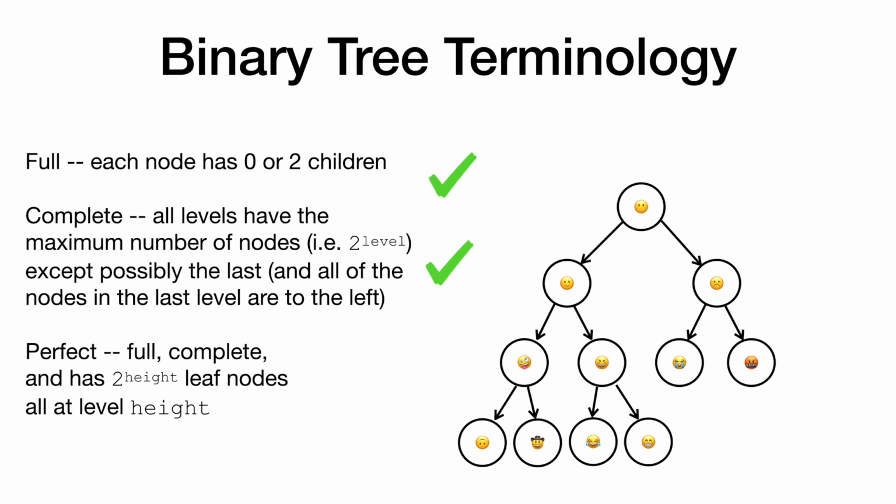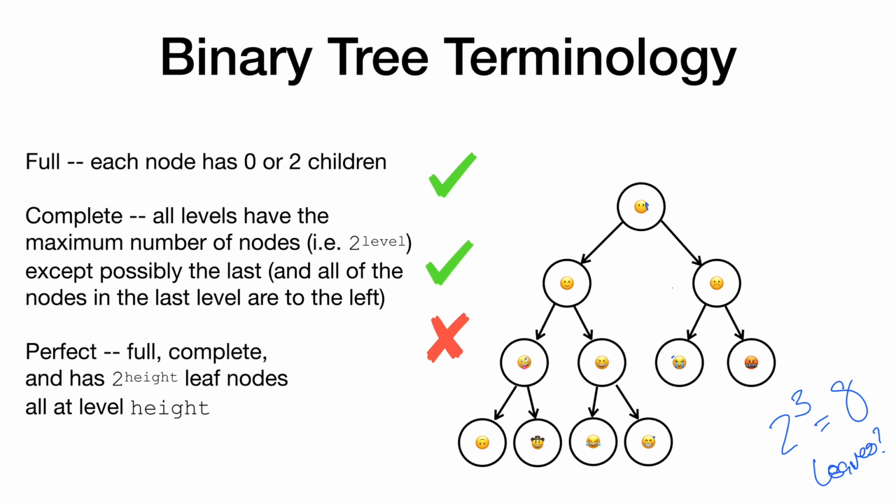Here, the height is 3, with 0, 1, 2, 3 levels, so that's 8 leaves. Does it have 8 leaves? No, it doesn't. So it is full and complete, but it's not perfect.